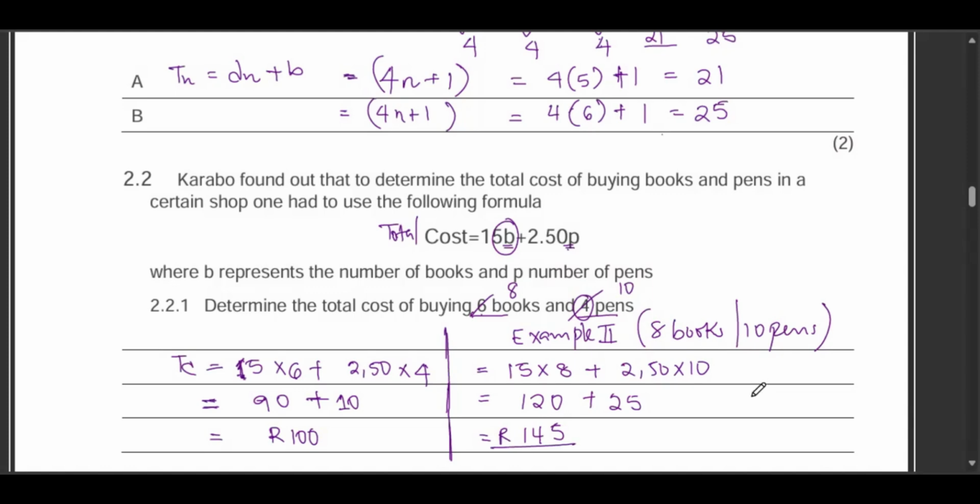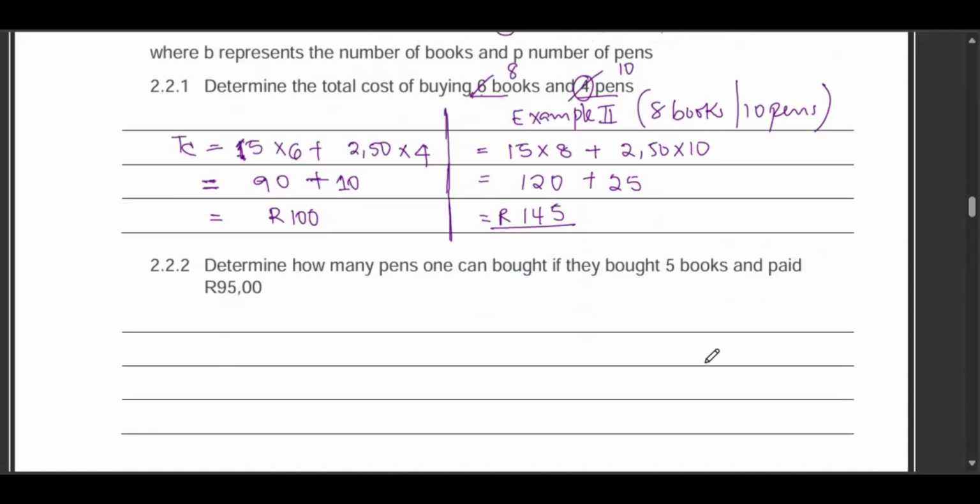Okay, let's continue. 2.2.1. Now here we go. They are saying, determine how many pens one bought if they bought 5 books and they paid 95 rands.